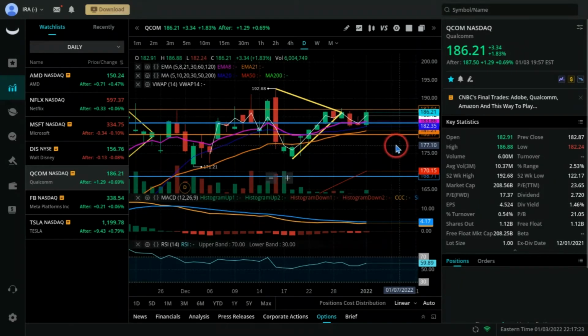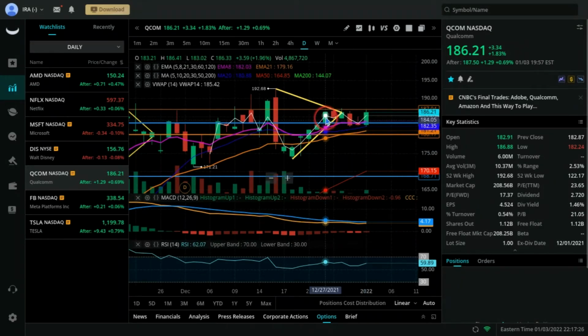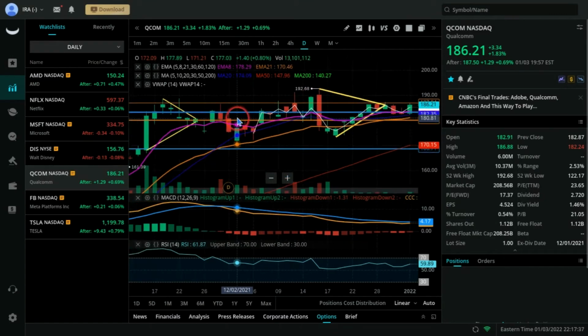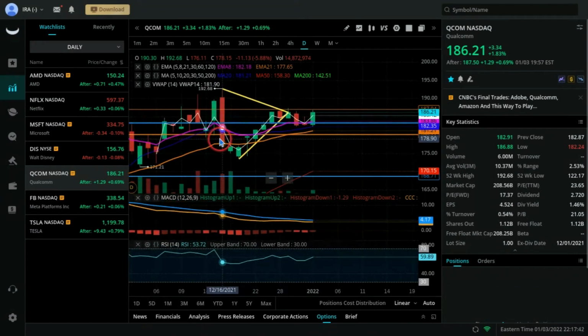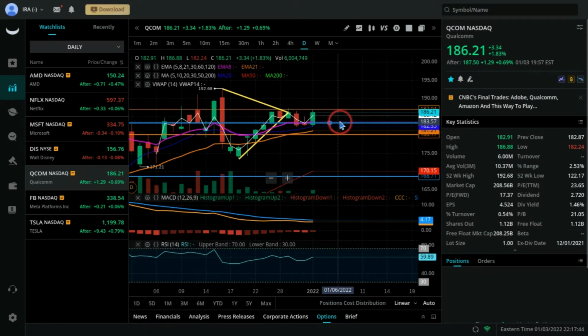So we have support there, there, there. This big old support zone. Got some support here. Yeah, it's pretty solid support. So I will play that off the break of support, and that will be 182.86. That'll be my put trigger.